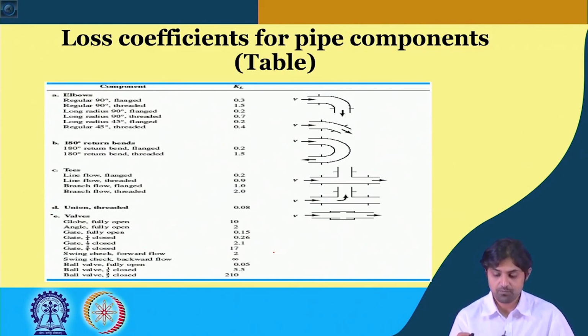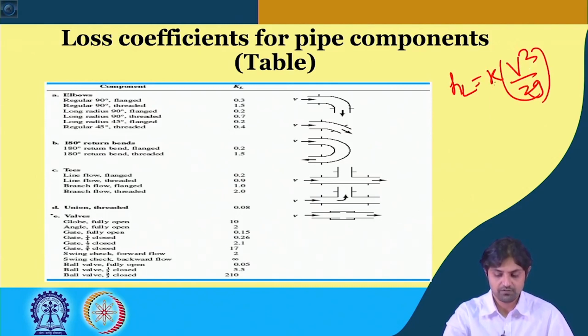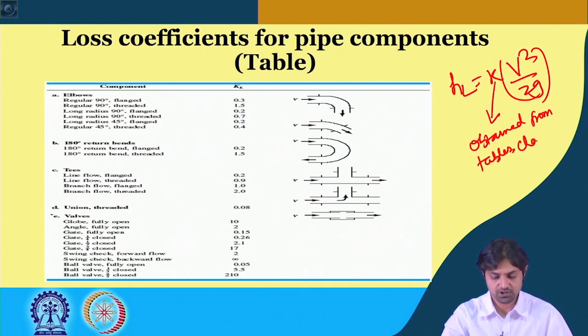So the important message is that minor losses is K into V square by 2g, and K can be obtained from tables or charts.